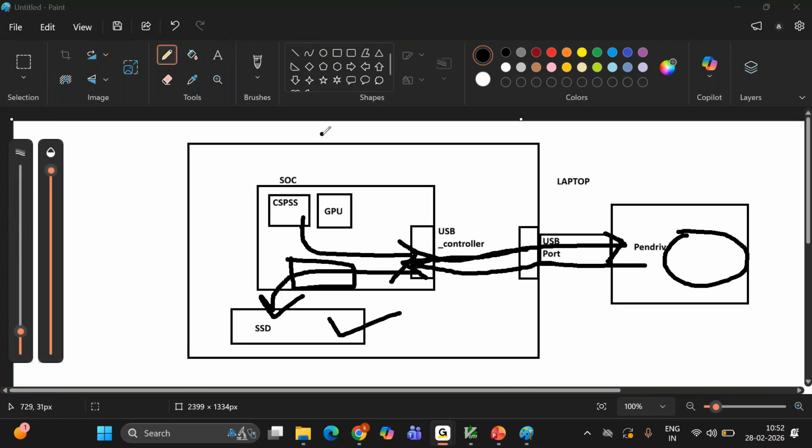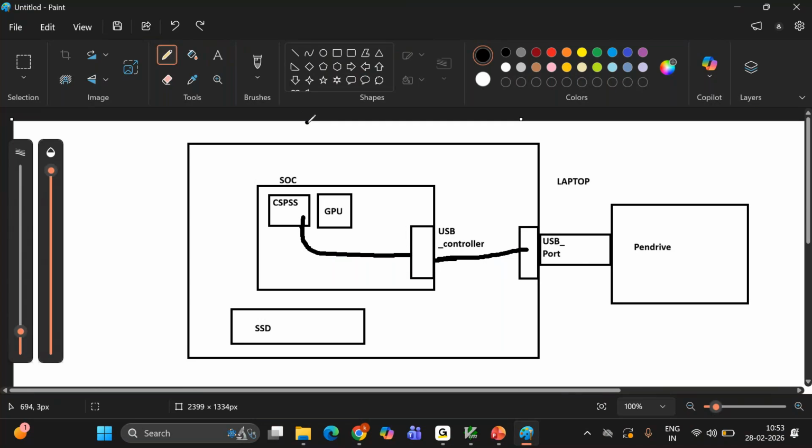In all of these things, I will introduce a few concepts. This communication, which I'm going to mark in red color, is called peripheral communication.